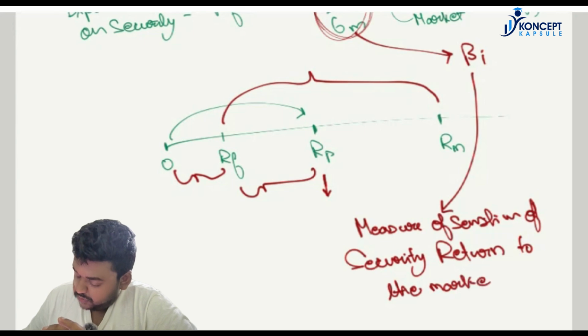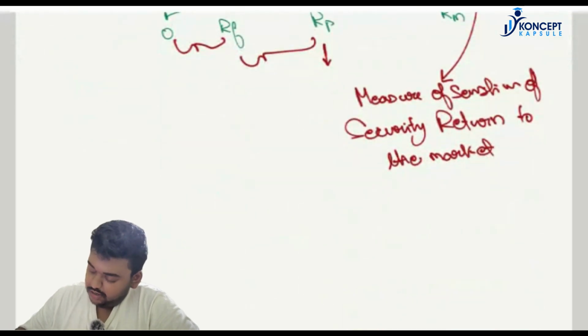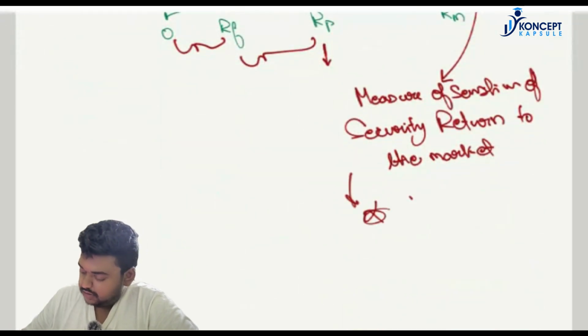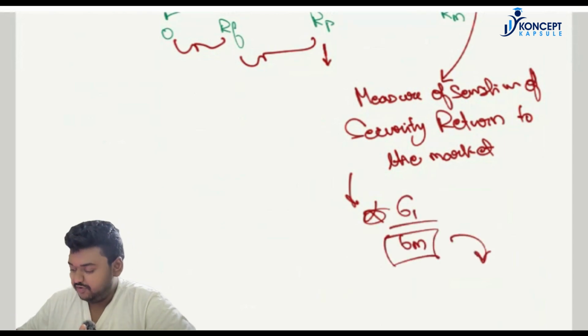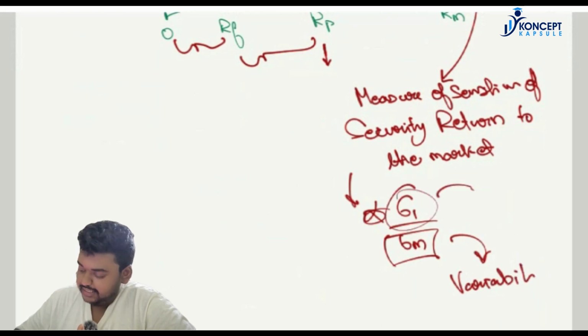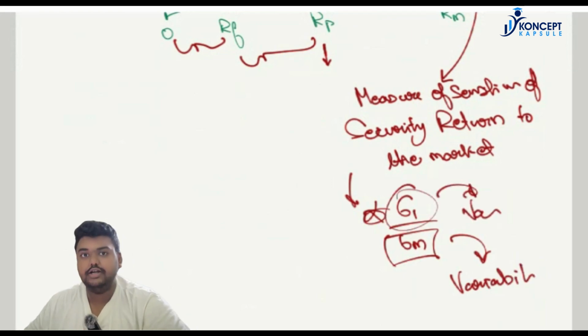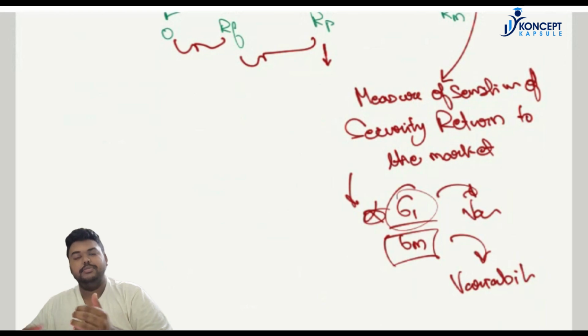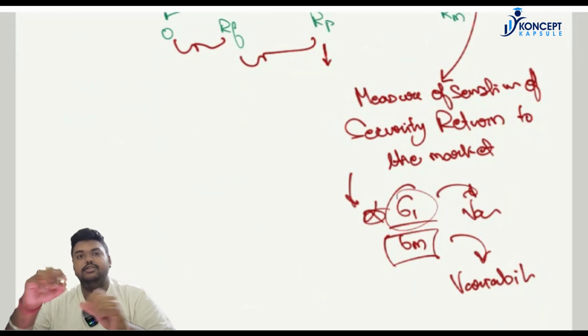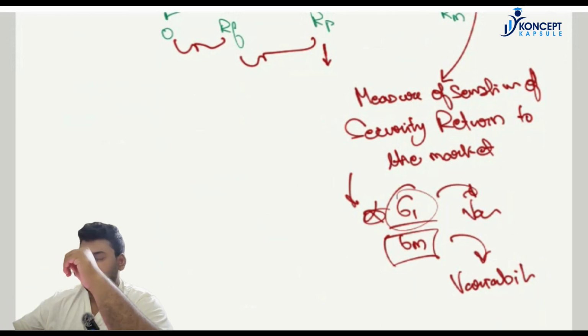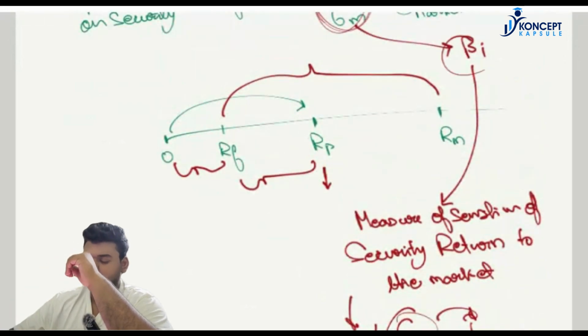Similarly, when we are doing sigma I by sigma M, what is sigma M? Sigma M is the variability in the market, and sigma I is the variability of security return. So sigma I by sigma M is in a way also showing the sensitivity of the return with respect to the market, but the better measure over here is beta.